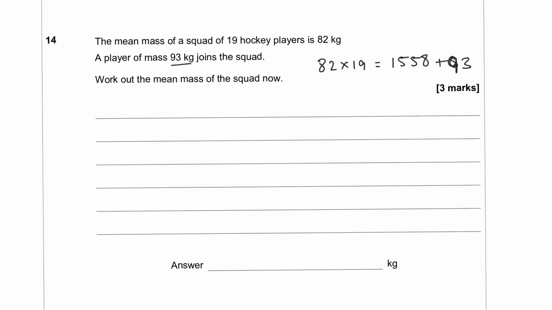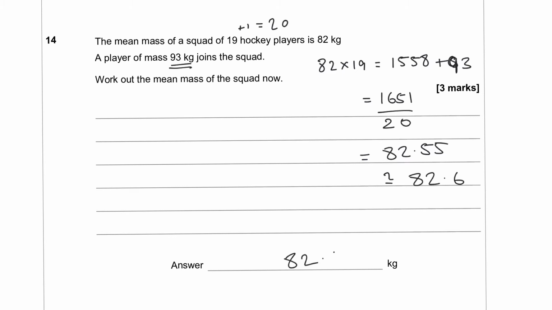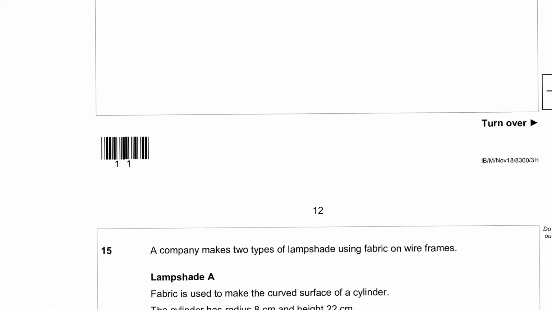And so that would leave me with, in my calculator, 1,651. And now because I've added an extra player, I'm not going to have 19 squad members in total. I'm now going to have 20 squad members. So now to work out the mean mass, I need to divide by 20, and that should leave you with 82.55. Or you can round that to three significant figures, 82.6. So either one of those, the mark scheme allowed as your final answer.